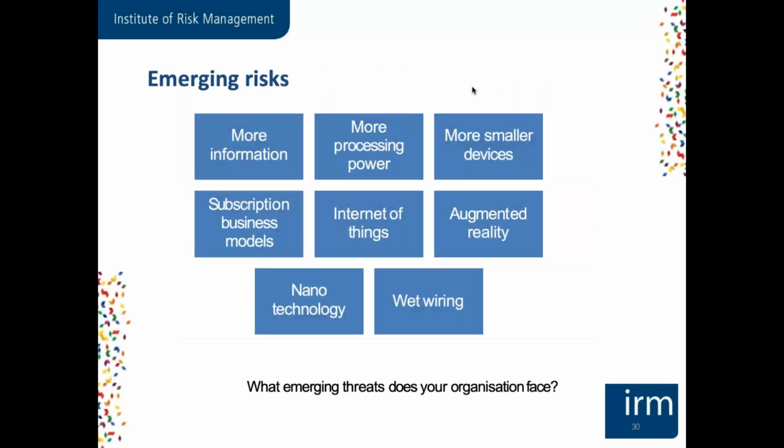We talked before about emerging risks, and what's creating those: more information and access to more information, same for processing power, and also just the simple fact of a greater number of smaller devices, Internet of Things, which we'll come on to on the next slide, and augmented reality. All these sorts of things create emerging threats.